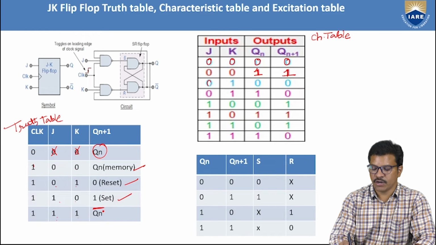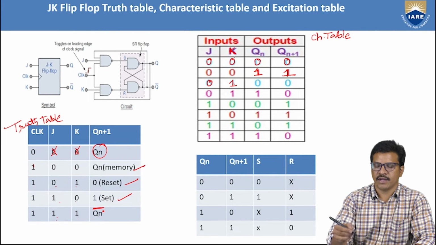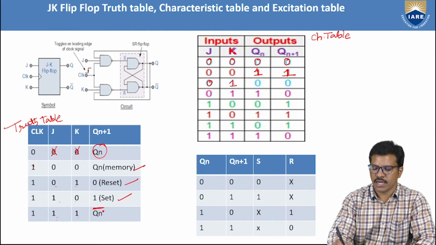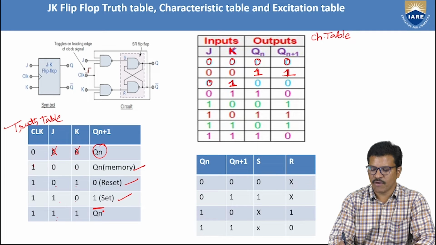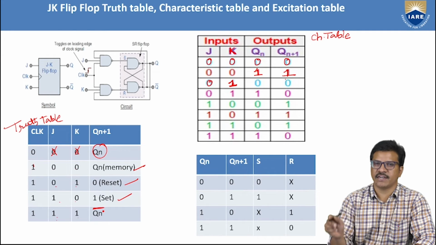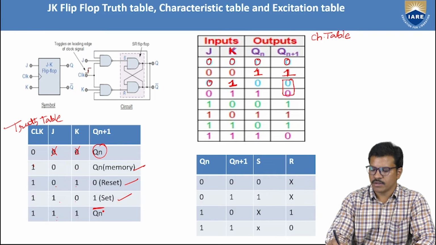Next, if it is 0, 1, we know that whenever it is 0, 1, the 1 is under K. K means reset, because the JK is made from the SR flip-flop. K is nothing but R. We have a 1 under R, which means reset of the output. Whatever the present state, the output must be reset. So if it is 0, it will reset to 0.